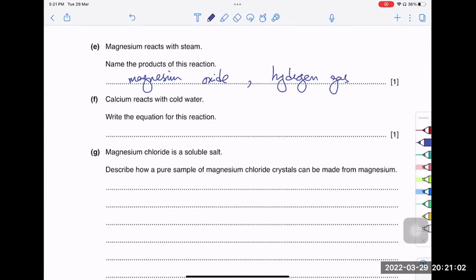That way you'll know. So over here I have calcium reacting with cold water. So calcium plus water gives me calcium hydroxide plus hydrogen gas. And of course you can balance this out. There you go.